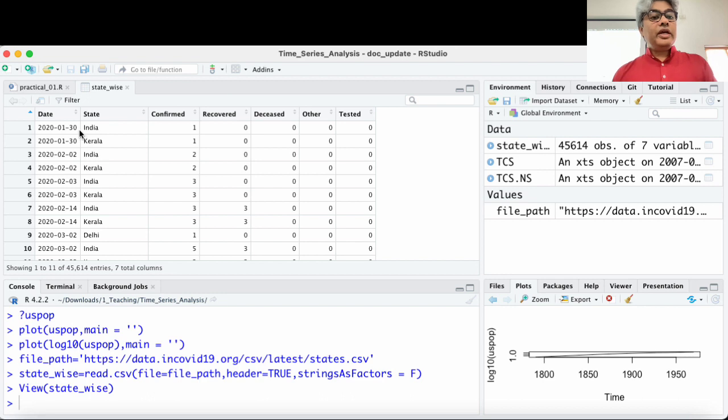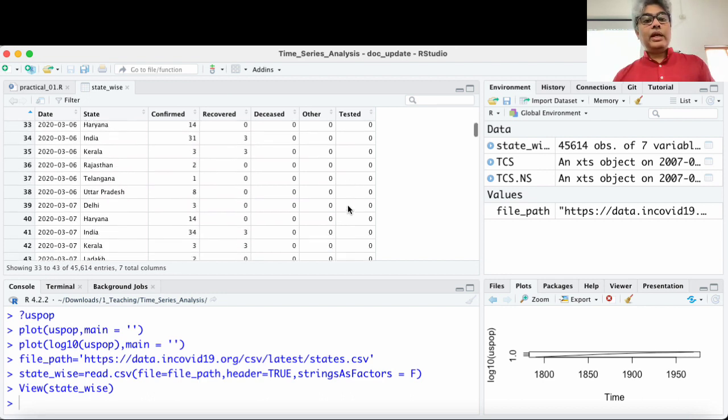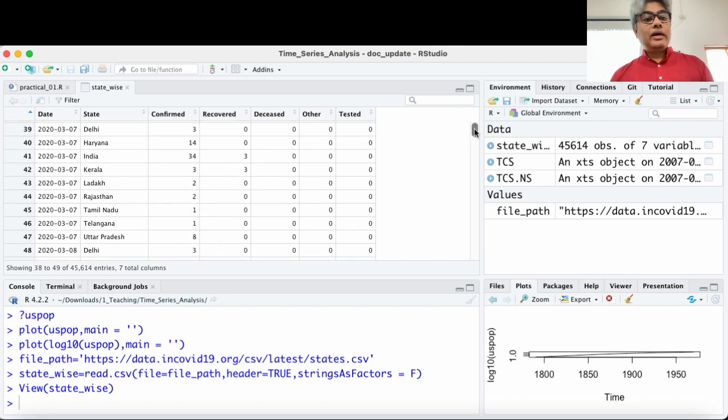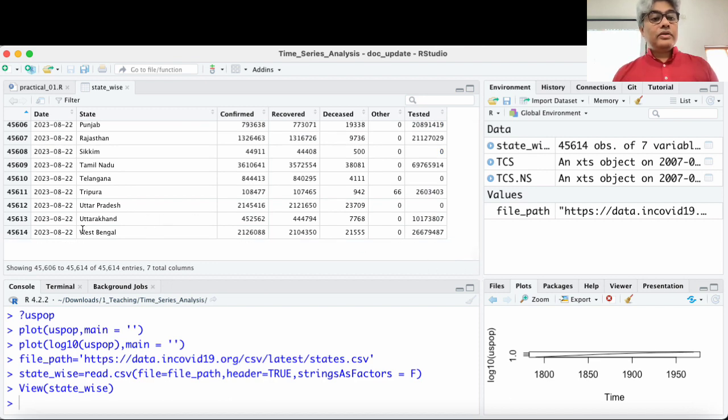Their data started on 30th January 2020 and goes till 22nd August 2023, after that they probably stopped. So now they are not collecting the data, but you have decently large data, till August, 4 months back.